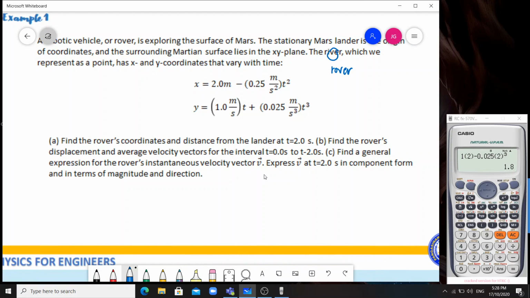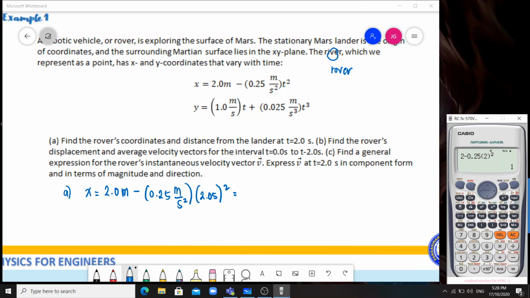What we are going to do here is just get the coordinate by using the function given. 2.0 meters minus 0.25 meter per second squared, and let's replace t by 2 seconds. So let us compute: 2 minus 0.25 times 2 seconds squared.